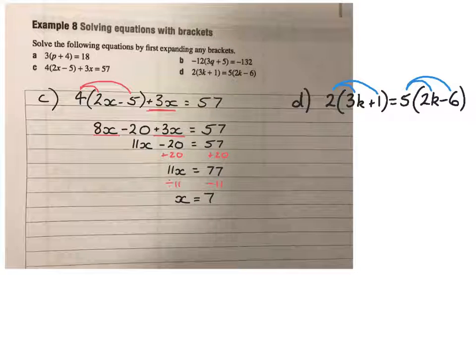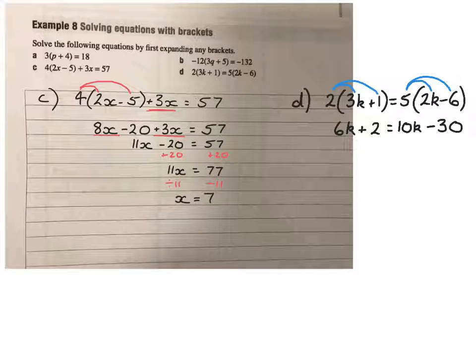So 2 times 3k is going to give me 6k. 2 times positive 1 is plus 2, equal sign underneath the other one. 5 times 2k is 10k. And then 5 times negative 6 is negative 30. So now we've got an equation where we've got pronumerals on both sides of the equation.